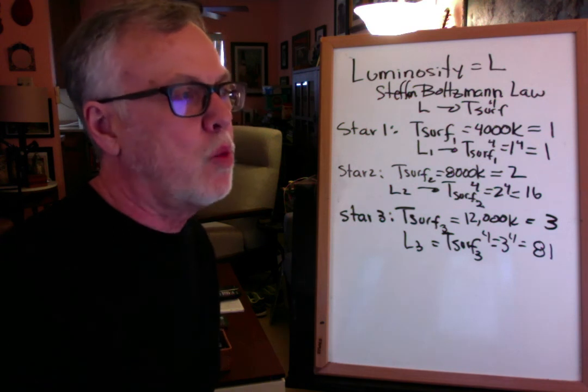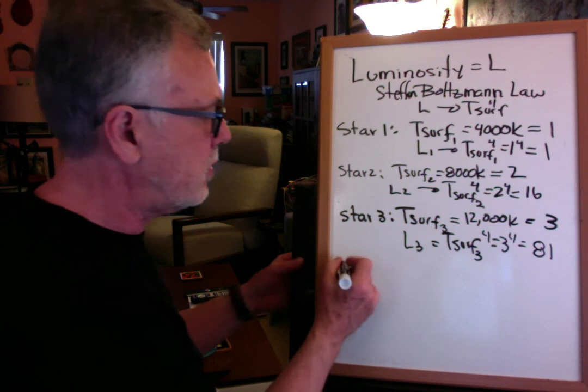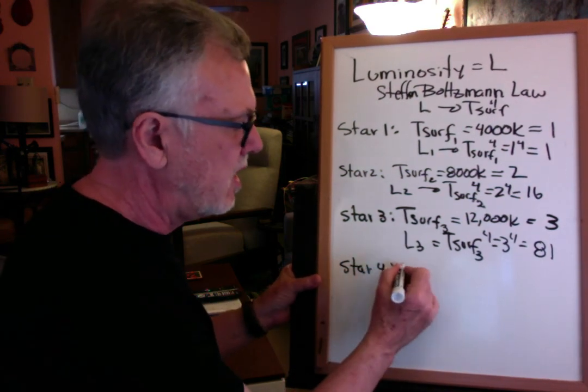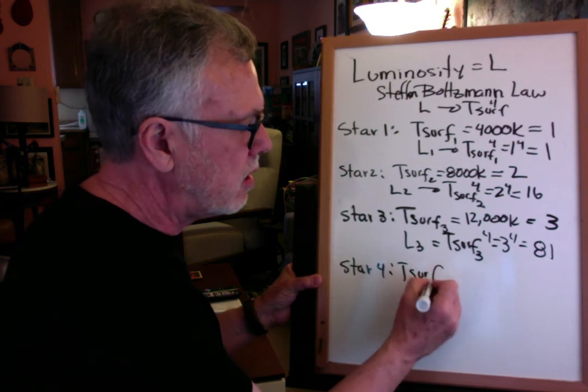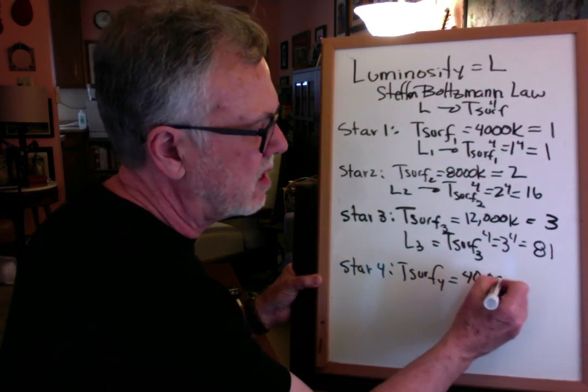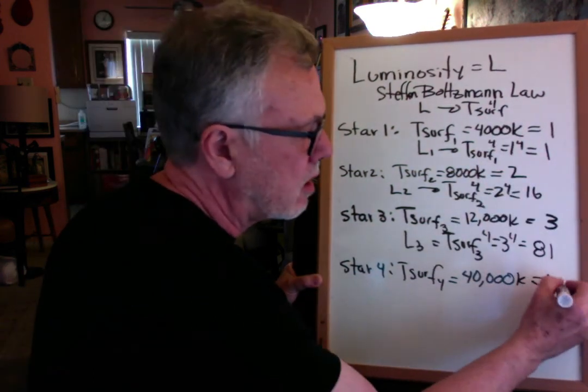Let's talk about one of the hottest stars you might see. So this will be the last star, star 4. The temperature of this star is 40,000 Kelvin. That's 10 times as hot as that first star.